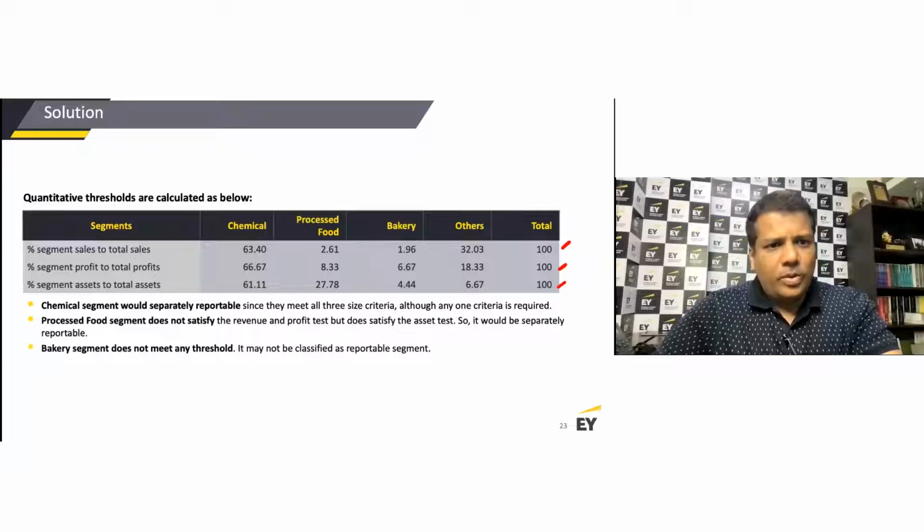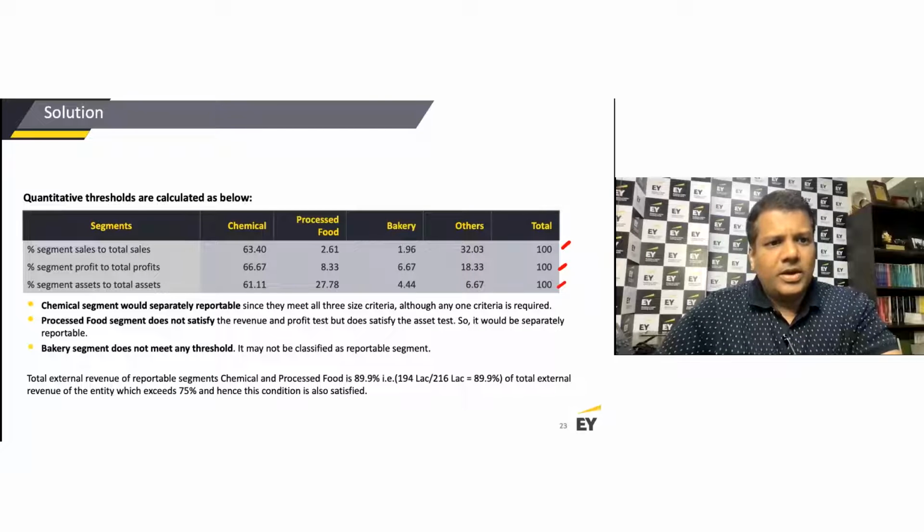Now, when we cover chemical and processed food, do we cover 75% of my revenues? The total external revenue of the reportable segments, chemical and processed food, is 194 lakhs divided by 216 lakhs, which is 89.9% of total external revenue, which exceeds 75%.